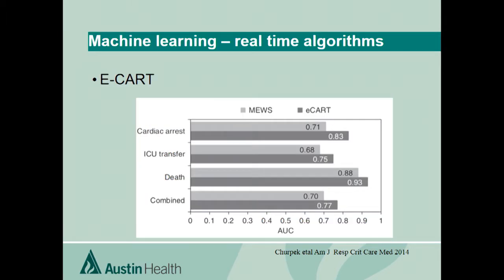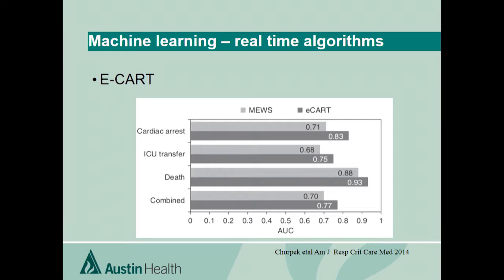And I've alluded to ECART, which is Dana Edelson's program from Chicago in the United States. Again, they've got a model which has a relatively good area under the curve. Just to put the statistic in perspective, if you flip a coin, the area under the curve will be 0.5.